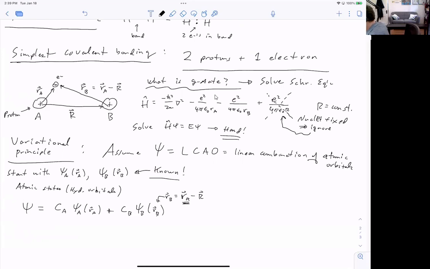I know we're getting all caught up in the math and everything, but these functions are known. These are just atomic orbitals, but the constants Ca and Cb are the variational constants, the variational parameters.